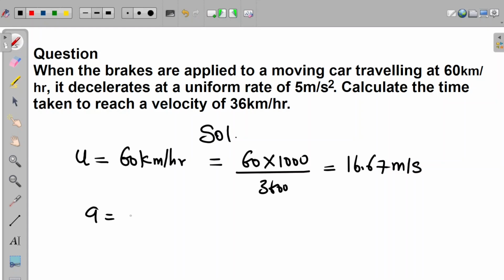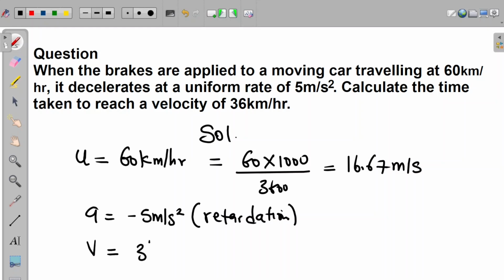Now, the next quantity we have is that the car decelerates. So therefore, this becomes minus 5 meters per second squared. We have this minus because it is retardation. That means the car is decelerating. And also, we are given the final velocity, which is equal to 36 km per hour.